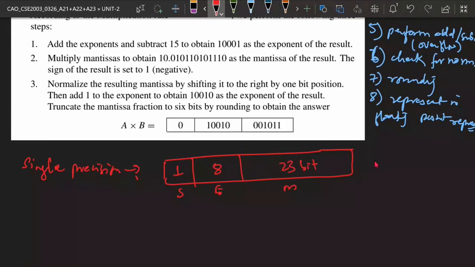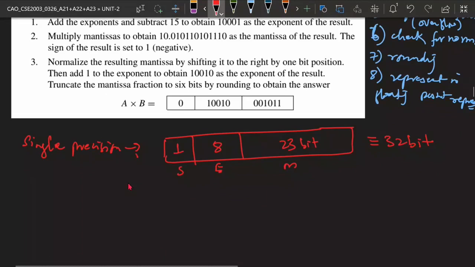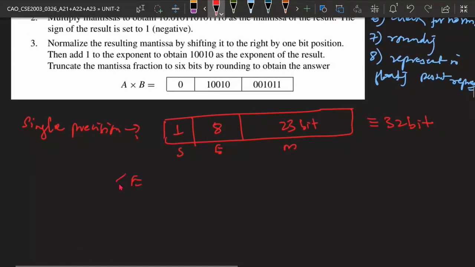Total 32 bits. So the exponent could range between the values for 8 bits, minus 128 to 127.